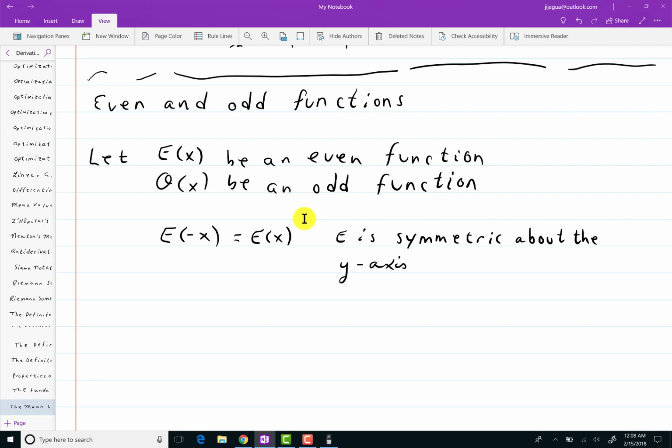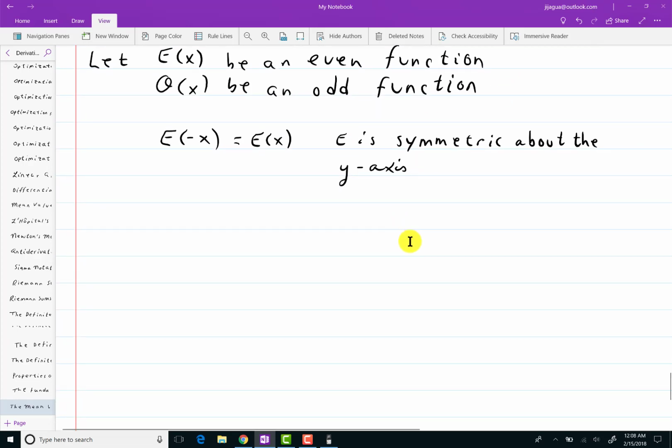You could have some examples of E: E of x equals x squared, or E of x equals cosine of x. Any of these will do that. And if you look, how do they look on either side of the y-axis? They're identical on either side of the y-axis.